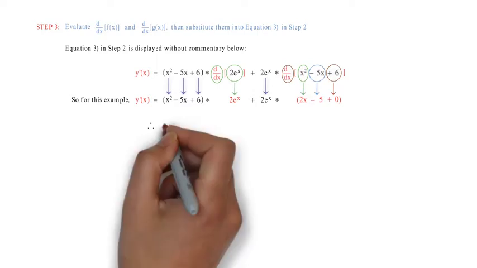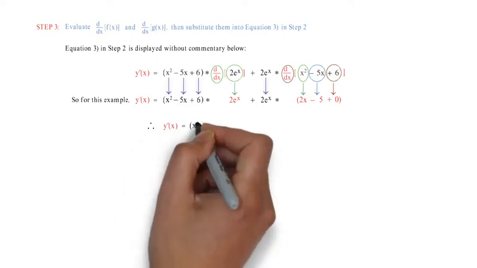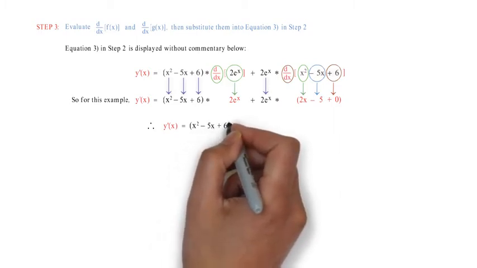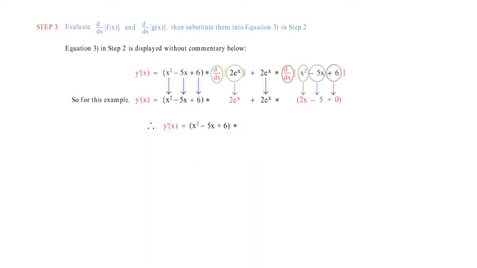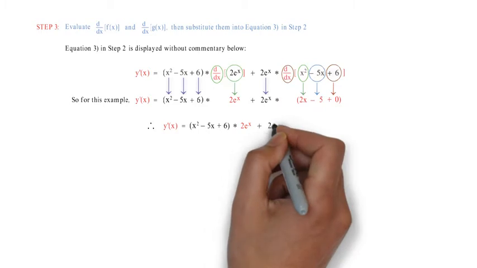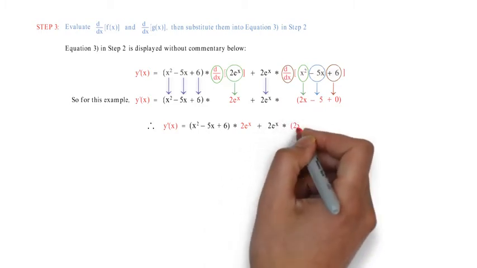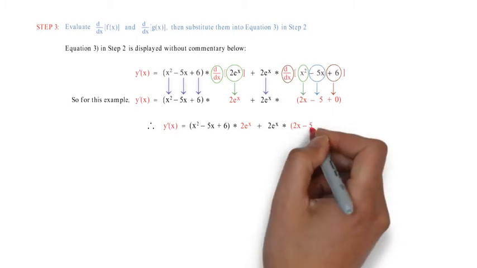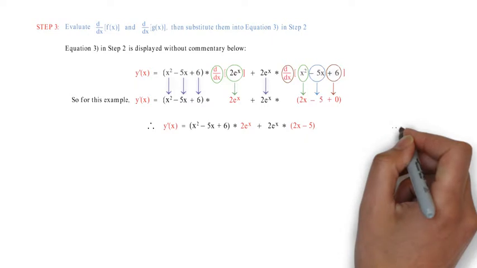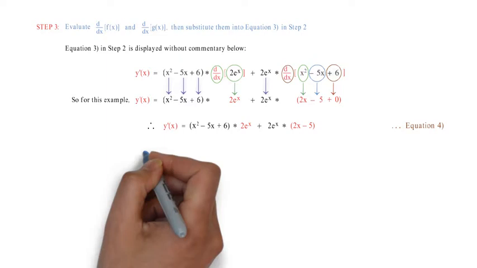Therefore, y'(x) equals x squared minus 5x plus 6 times 2e to the x plus 2e to the x times 2x minus 5. Call this equation, equation 4.